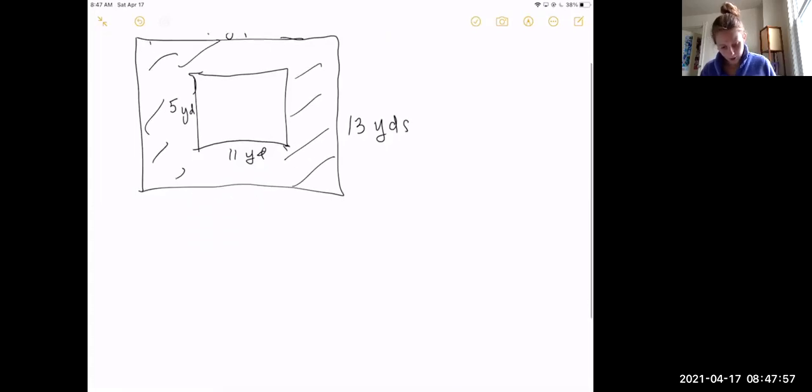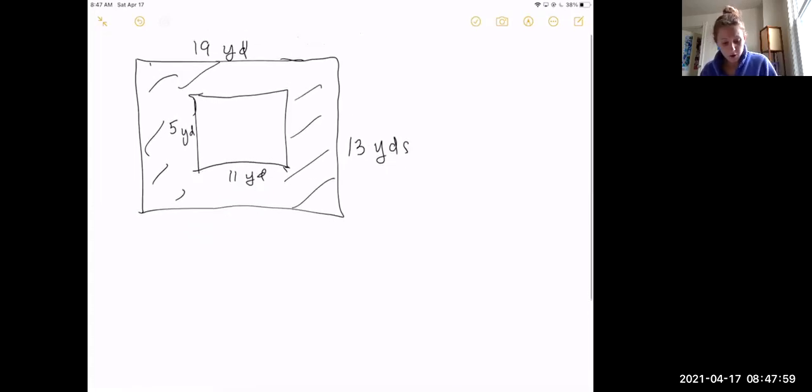The way we're going to do this is first we calculate the area of the outer rectangle, the entire thing. We know that the area of a rectangle is length times width, or base times height, however you want to call it.